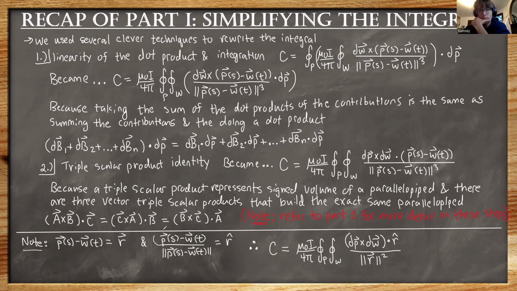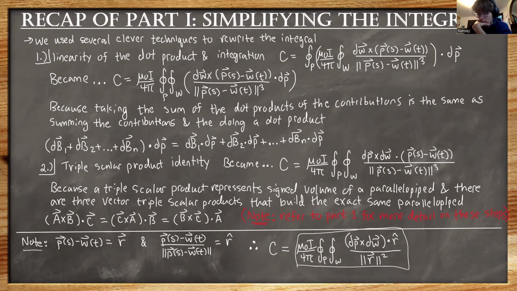And likewise, if we take the separation vector between the path and the wire and divide it by the magnitude, that gives us the unit vector, right? A vector of length 1 that simply points from the wire to that point on the path and it's dimensionless. So using these 2 things, we can rewrite our circulation double for loop integral as this.